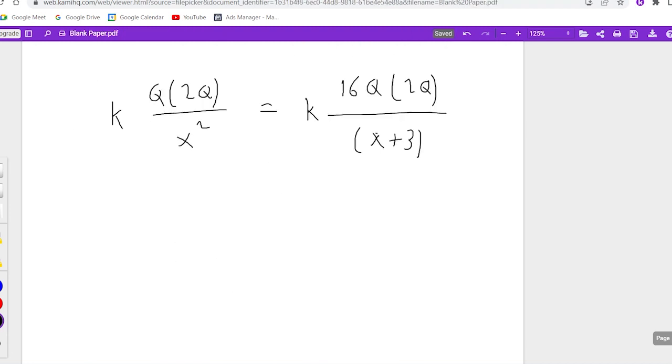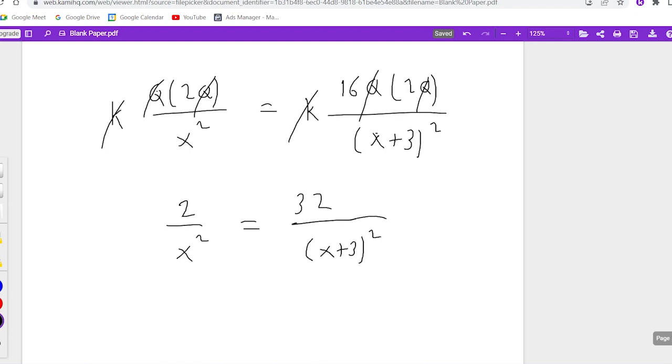X plus 3 squared. Now look at what cancels. The k cancels, both q's cancel, and you have to be careful because the x's do not cancel because the squared messes us up. So what's left? On the left you have 2 over x squared. On the right you have 32 over x plus 3 squared.